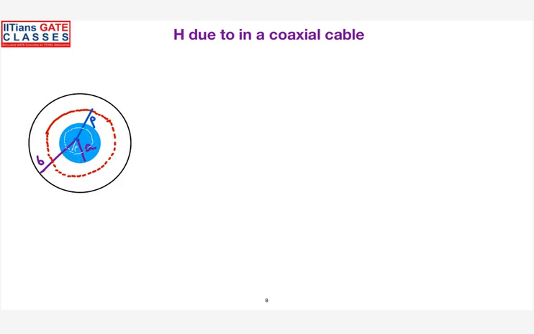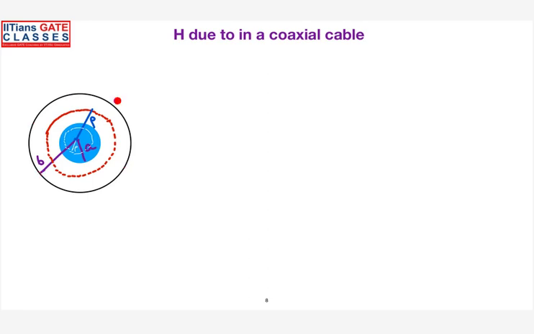In this diagram I was representing only the cross-sectional area of the coaxial cable. When you look at the coaxial cable from the front side, you are going to see two circles: one is your inner conductor and this is your outer conductor.